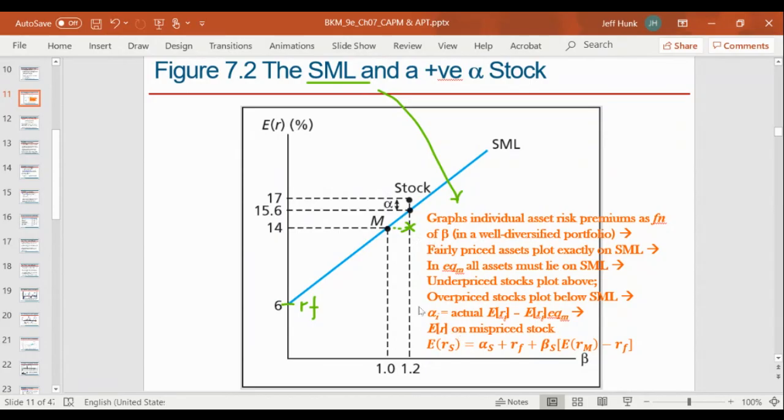What does that mean? This stock is overpriced, overvalued, right? It's overpriced, right?